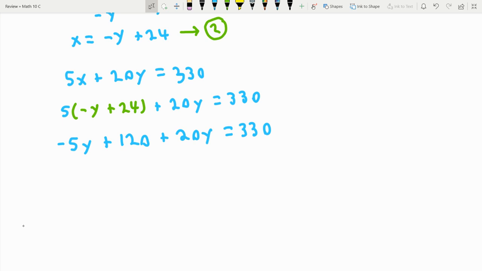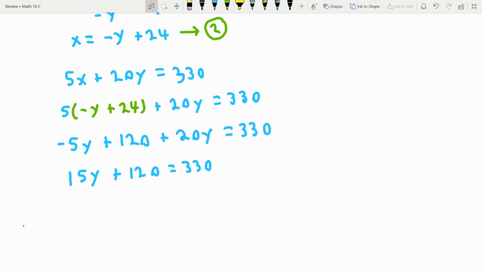Now I should add up my like terms, because negative 5y and plus 20y both have y as a variable. Negative 5y plus 20y gets me 15y plus 120 equals 330.